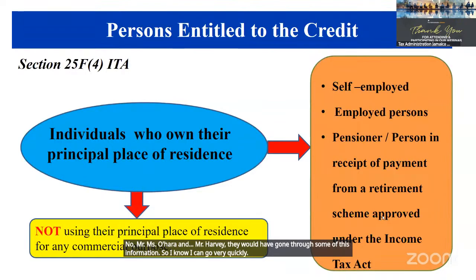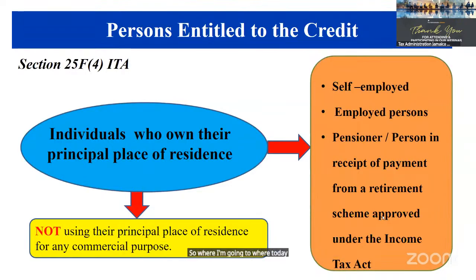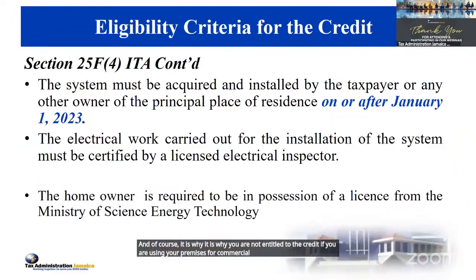So today we're focusing on the employed persons and the pensioners. And of course, you are not entitled to the credit if you are using your premises for commercial purposes. All right, so moving on.